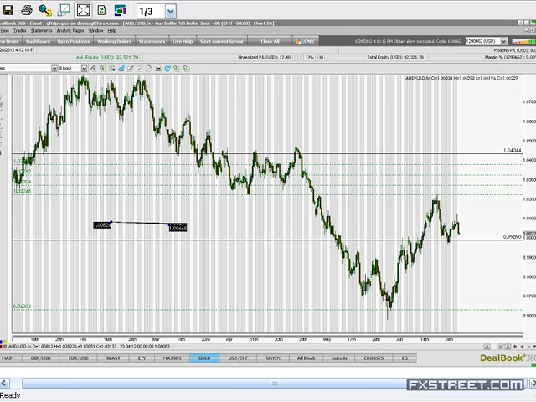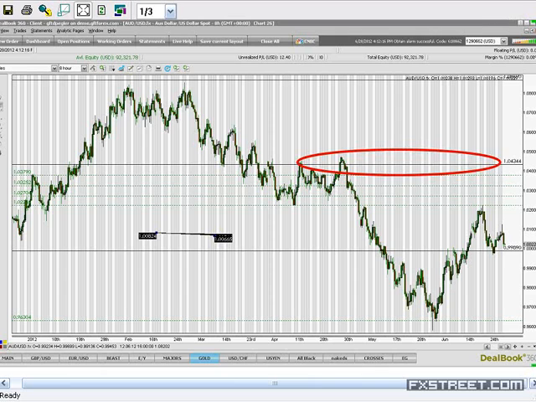Just eyeballing some stuff, a selling zone here because of this, and a selling zone there.